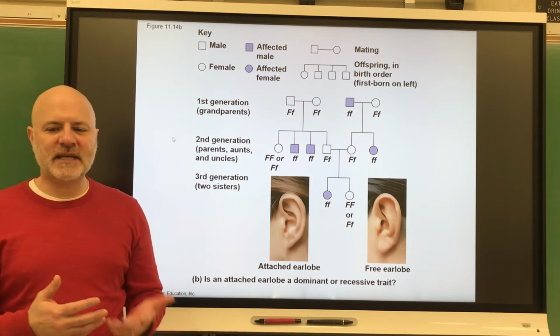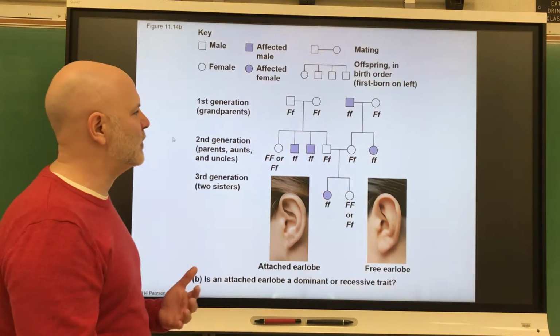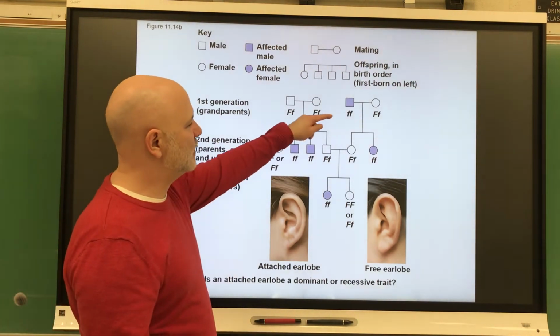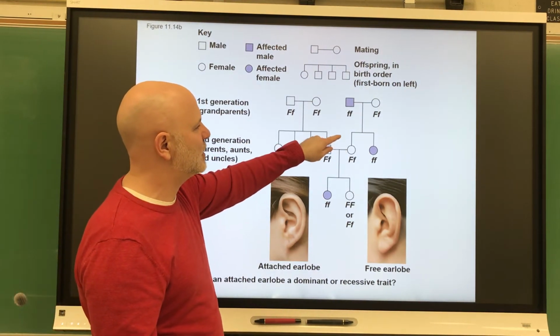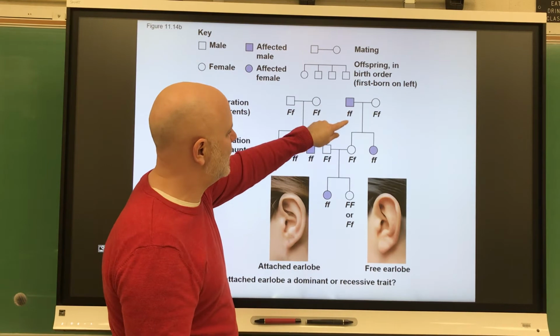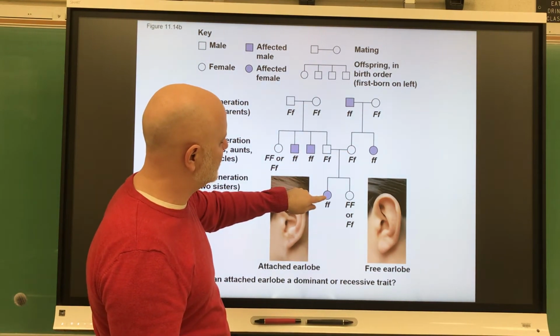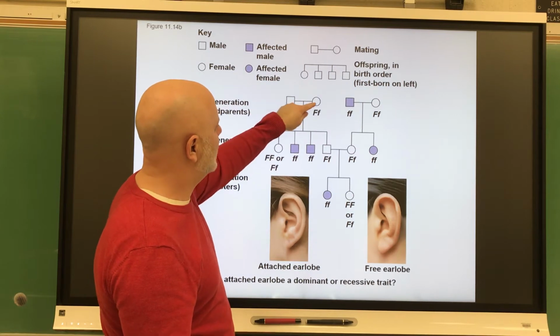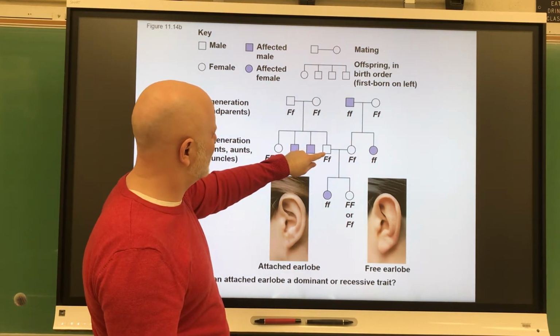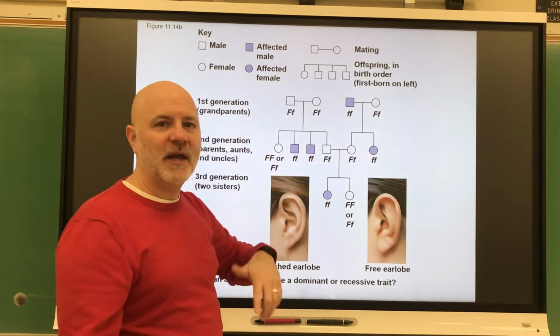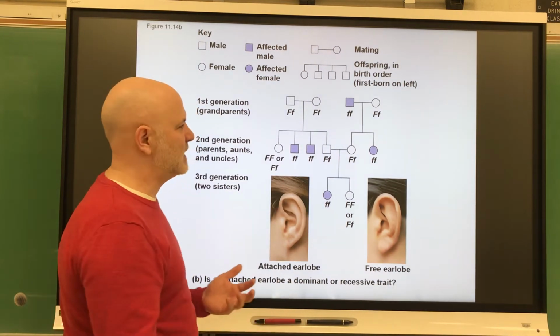And if it's recessive, what we should see is that recessive traits will skip a generation. So this individual has it here. We don't see his daughter having it, but his granddaughter has it here. Here, we don't see it at all. We don't see it in that individual, but it shows up here. And that is indicative of a recessive trait.